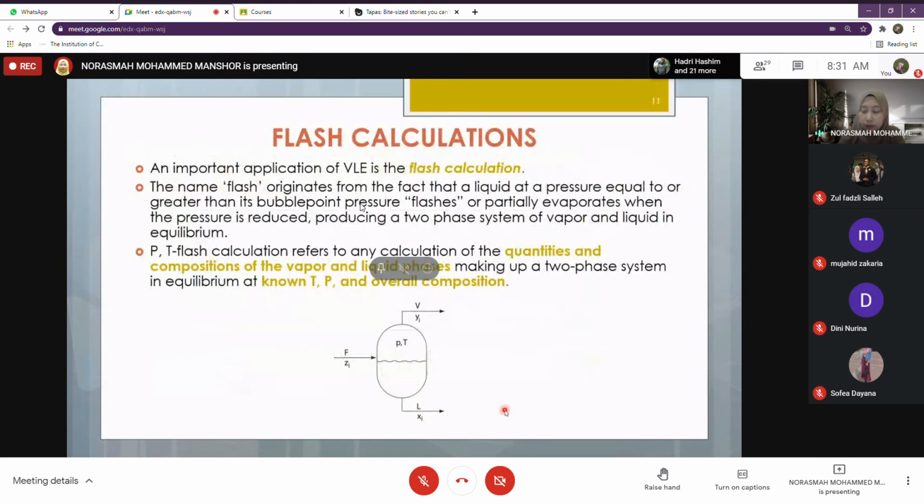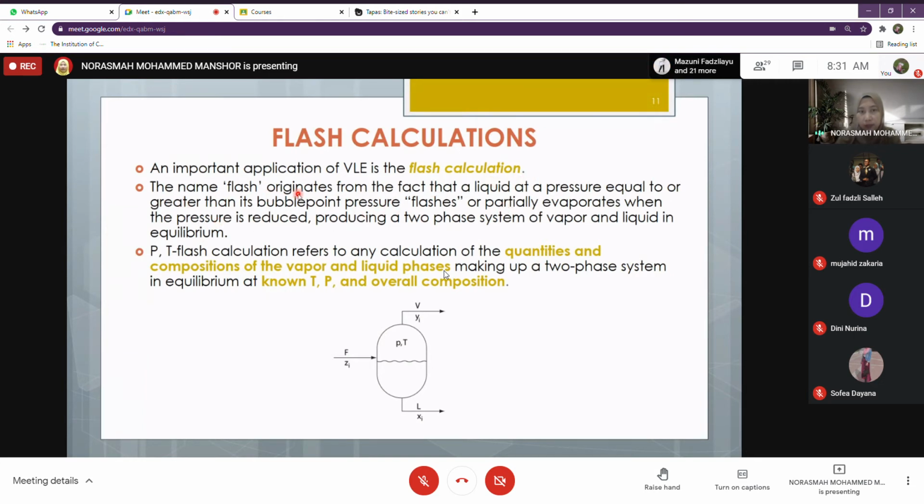If there are no questions, we go to flash calculation. An important application of VLE is the flash calculation.